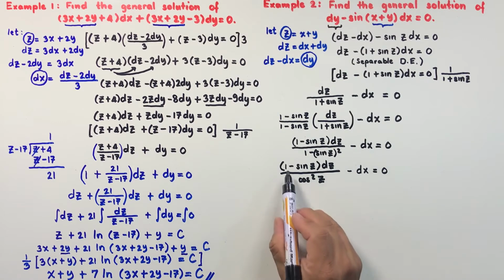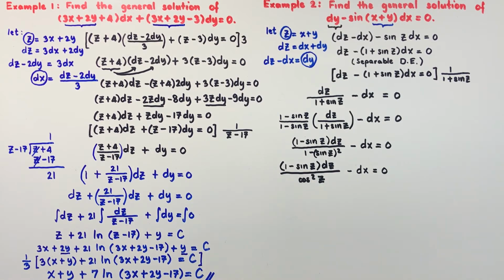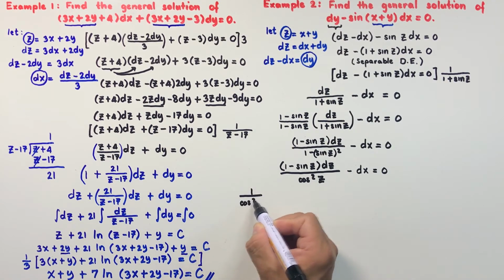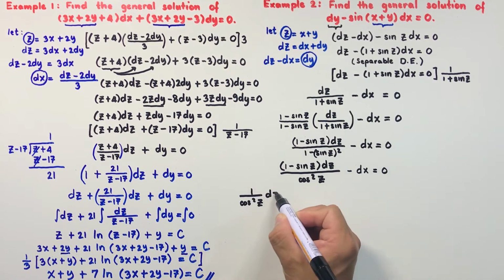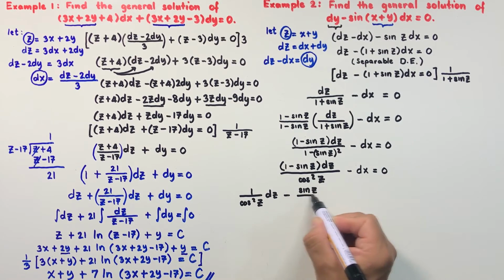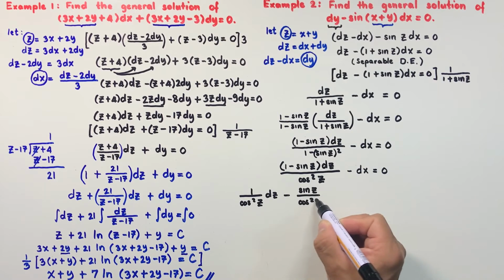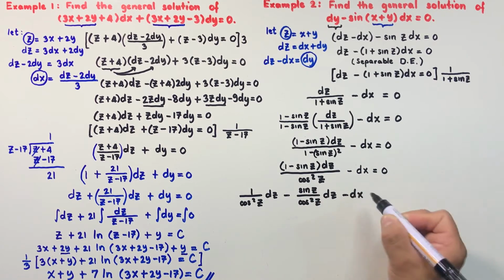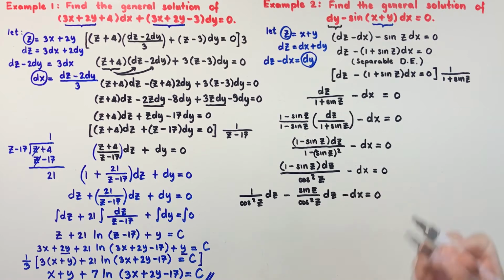So separating this binomial into two fractions, we have 1 over cosine squared z dz minus sine z over cosine squared z dz minus dx, which is equal to 0.